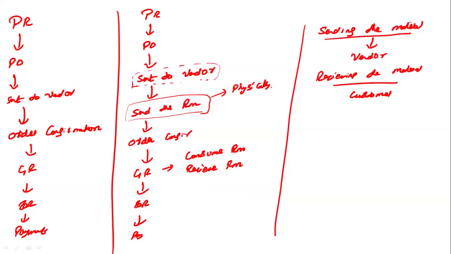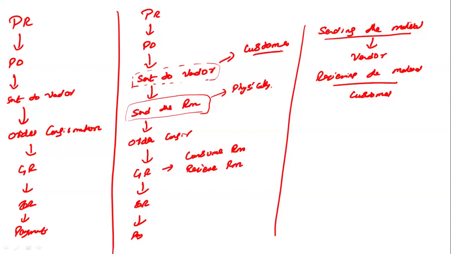When we are sending the PO to vendor, now I need answers from you guys. When I'm sending the PO to vendor, who am I? Am I customer or vendor? Customer. Okay. So when I'm sending the PO to vendor, I am customer.